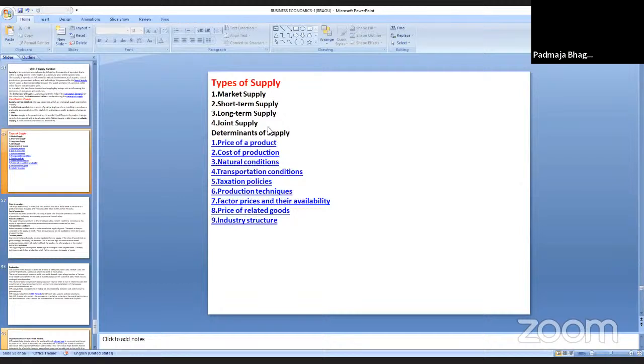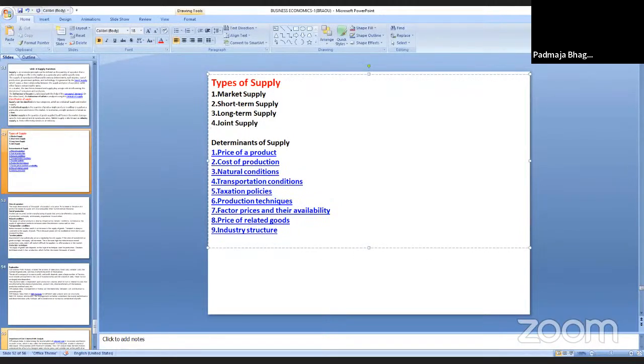Now we'll see the types of supply. First is market supply, where all the suppliers are willing to sell the product in the market for a particular time and price. Then short-term supply.